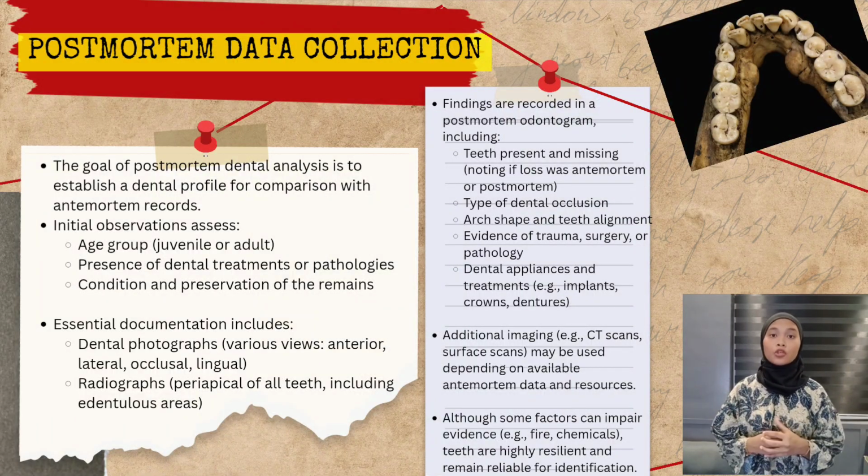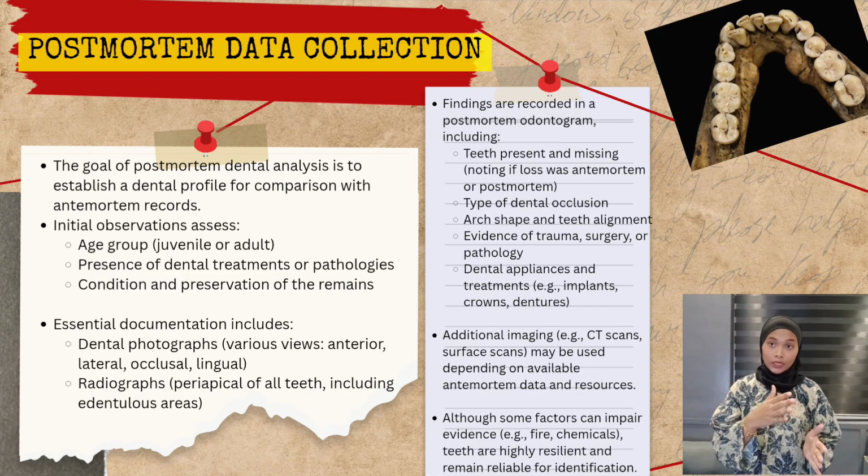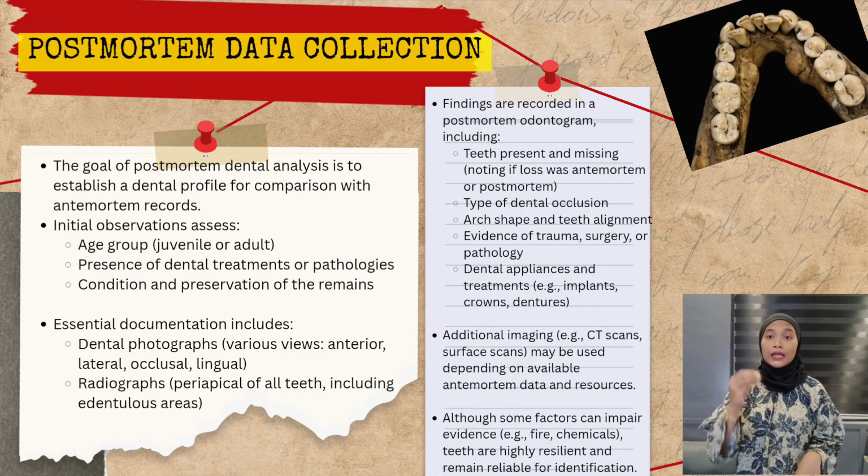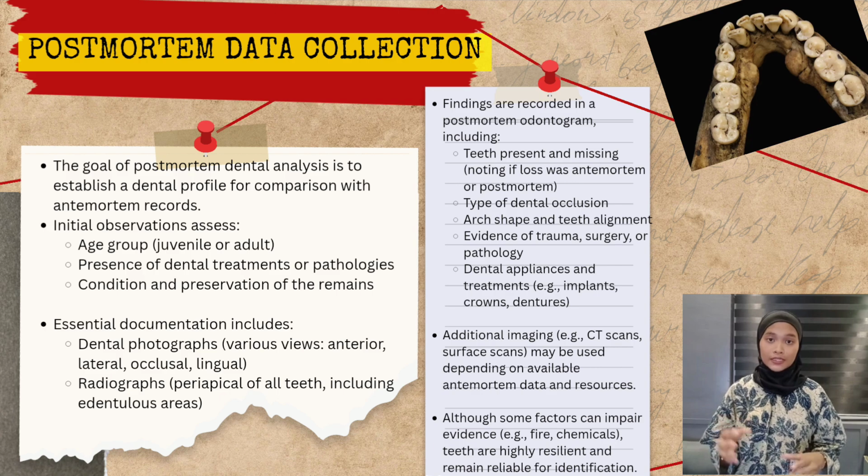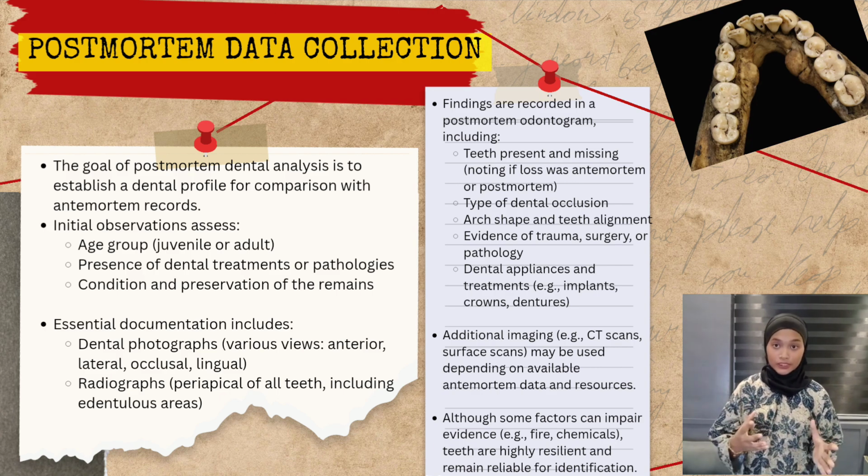The goal of postmortem dental analysis is to establish a dental profile for comparison with the antemortem records, which are the data from before death. The initial observation covers the age group, presence of dental treatments or pathologies, and the condition and preservation of the remains.